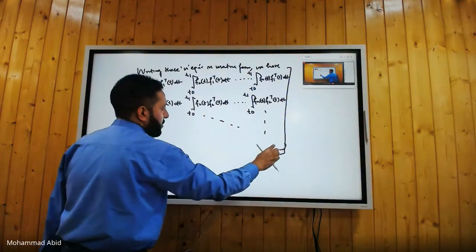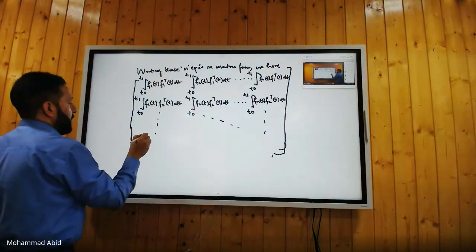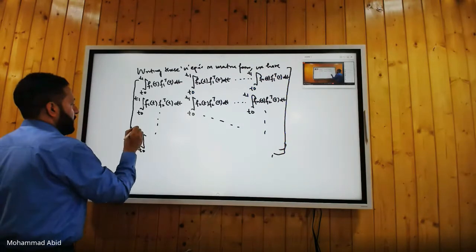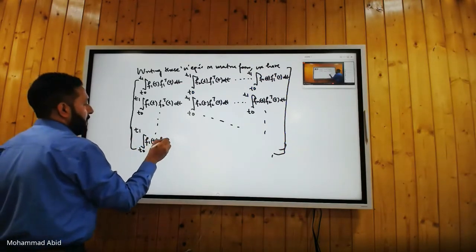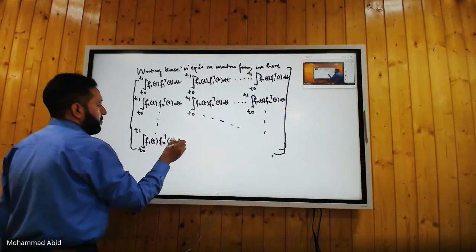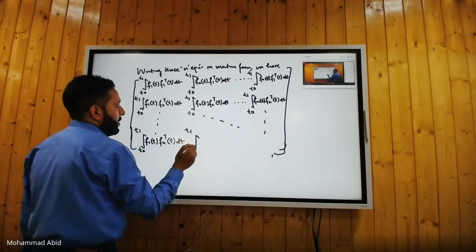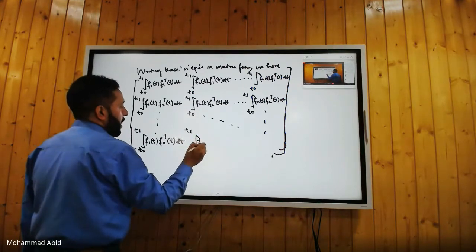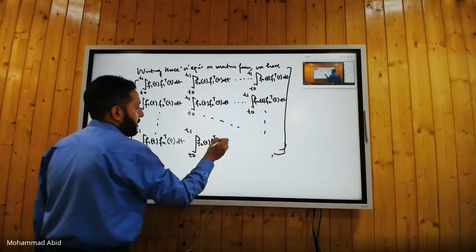The last row will be integral of t naught to t1 f1(t) fn transpose(t) dt. Integral of t naught to t1 f2(t) fn transpose(t) dt.